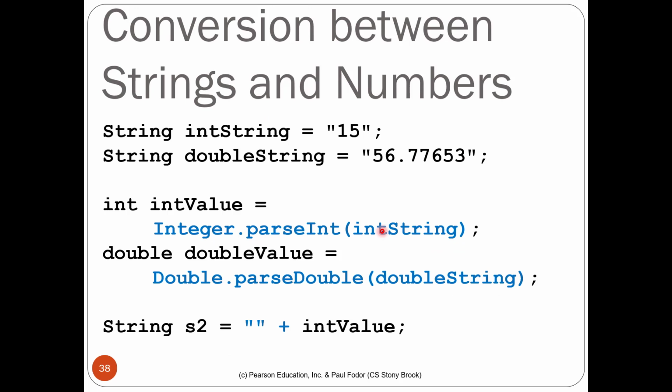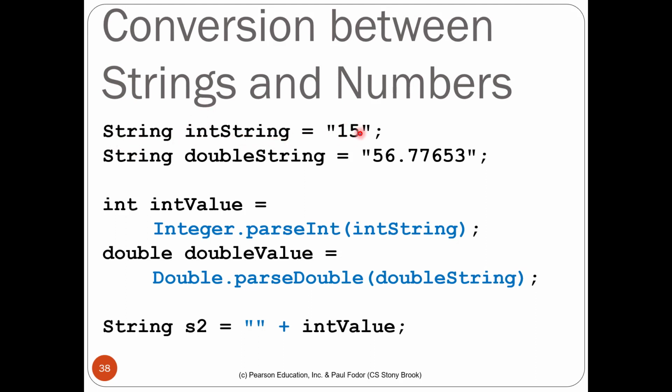Alright, here we have a couple of interesting examples where someone gives us a string that represents a number, and we need to extract the number out of that string. As an example, String intString is 15.